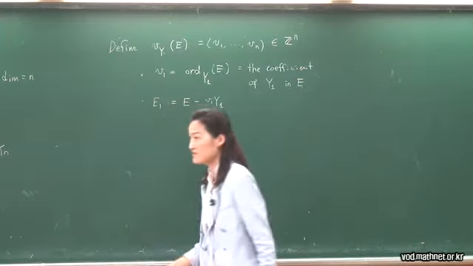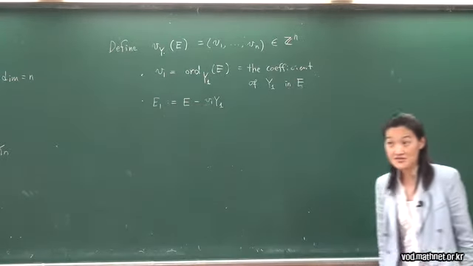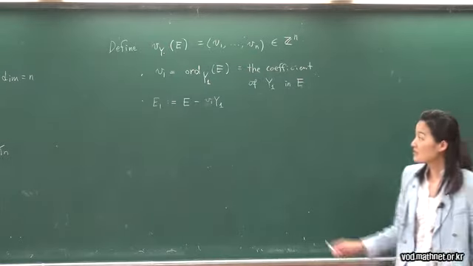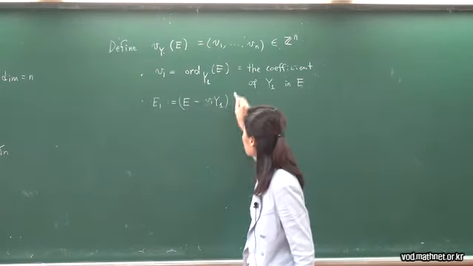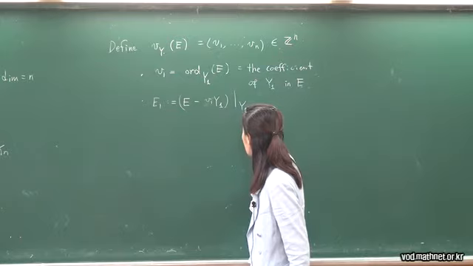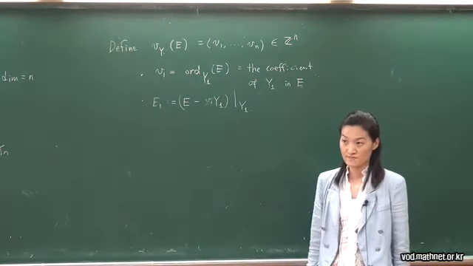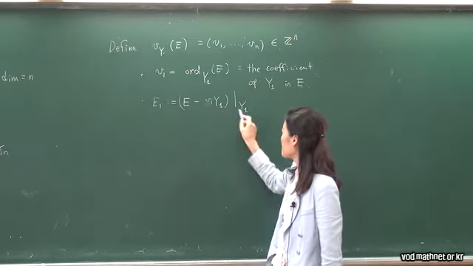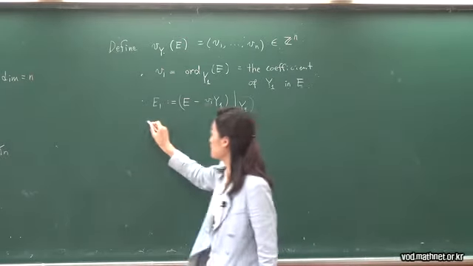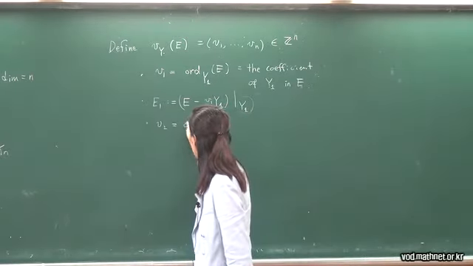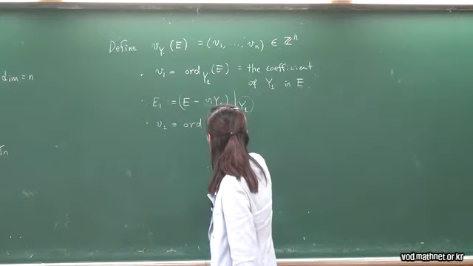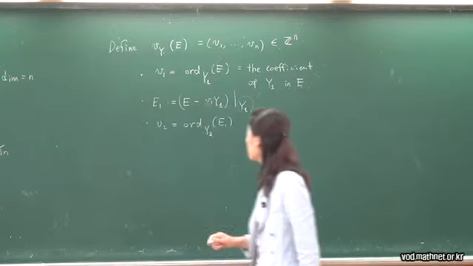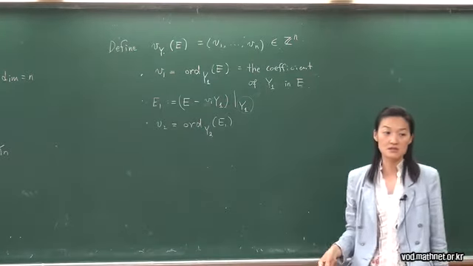That's another effective divisor on X. But now we restrict it onto Y1, so we consider it as an effective divisor on Y1. So v2 will be the order of vanishing of E1 along Y2.